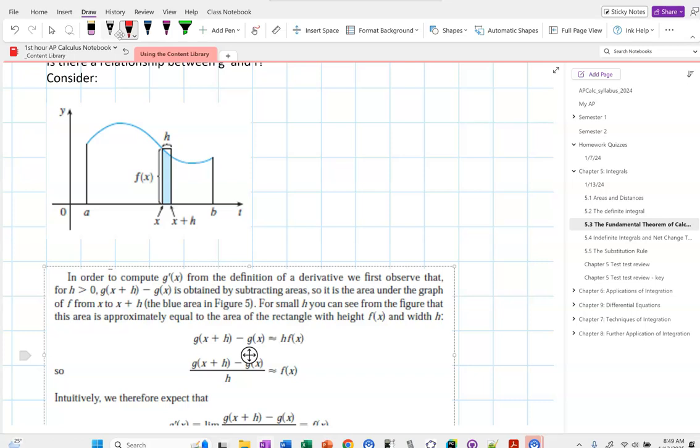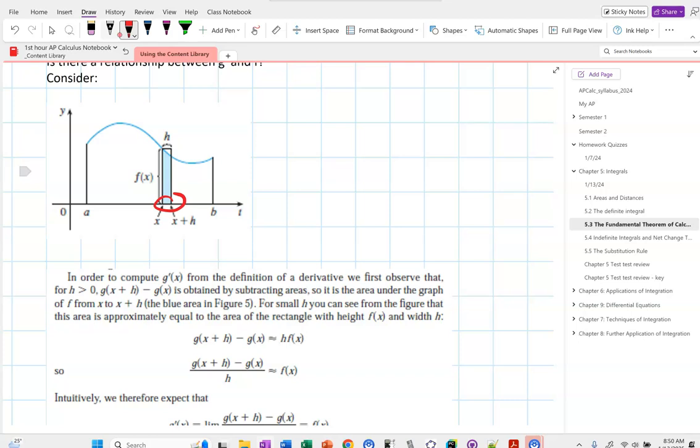So the area under the graph of f from 0 to x, remember that was what g is, it's the area under the graph, right? So g of x plus h minus g of x is going to be the area under f from 0 to x plus h minus the area under f from 0 to x. What is the leftover going to be? The area under f from x to x plus h. Does that make sense to you guys?